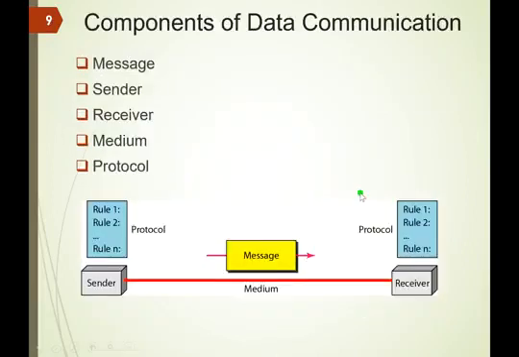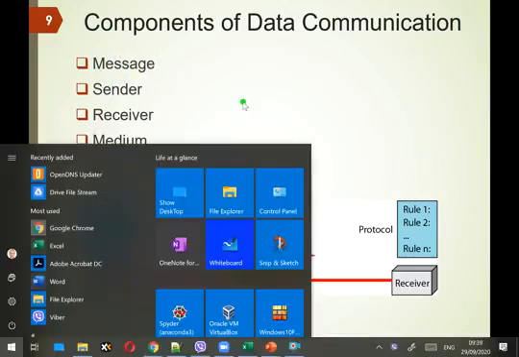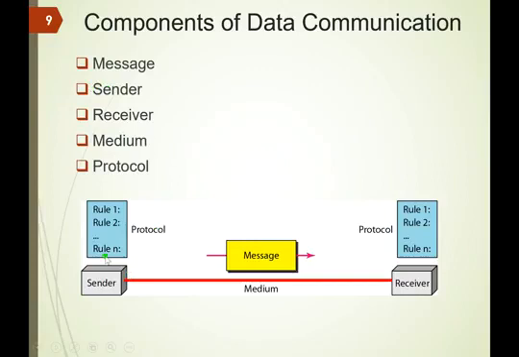So here are the components of a data communication system. As we said, first we have to have something to send. Then you send the message and there is someone who receives it, and you need some medium to send this message through. For example, now I am using different mediums.